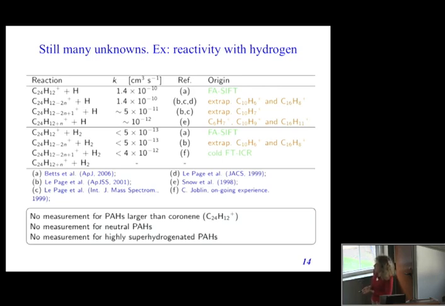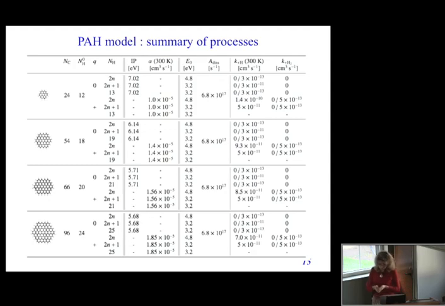Well, okay, we can live with this in a way, but there are no measurements for neutral PAHs, which is much worse. And also no measurements for superhydrogenated PAHs, because you could also have additional hydrogen beyond the typical PAH, what we call superhydrogenated species.